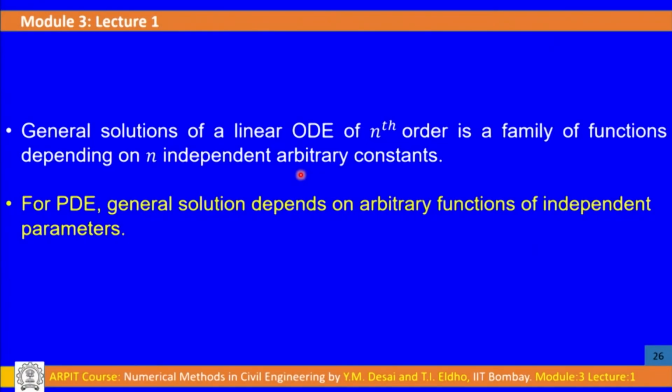What if we are given a partial differential equation? Well, for a partial differential equation, the general solution depends on arbitrary functions, not arbitrary constants like ODE. And so, arbitrary functions of independent parameters.